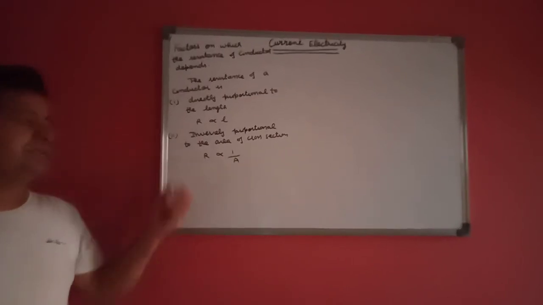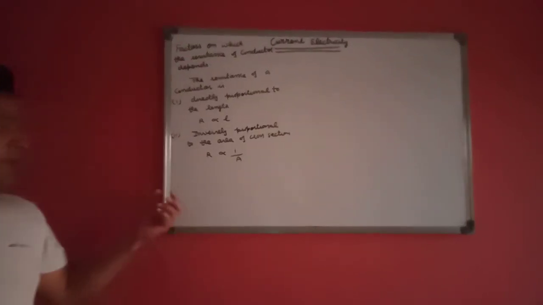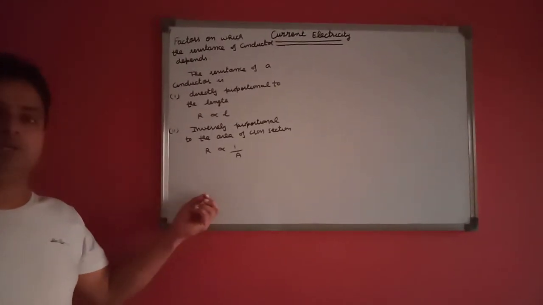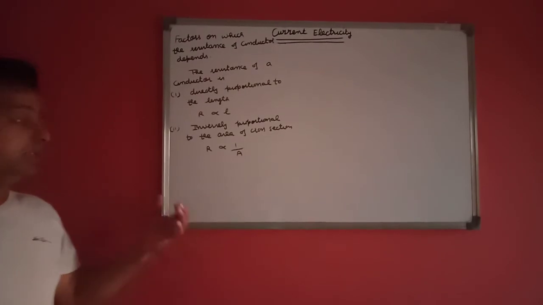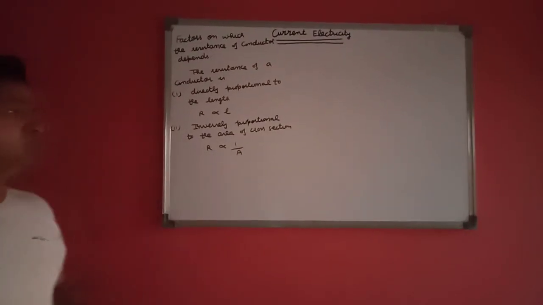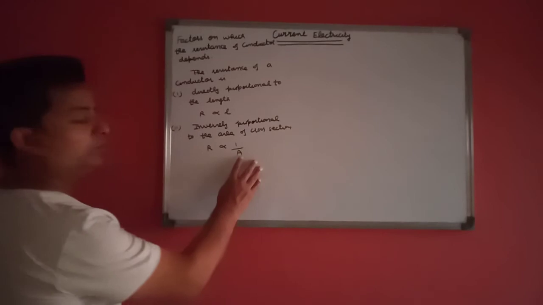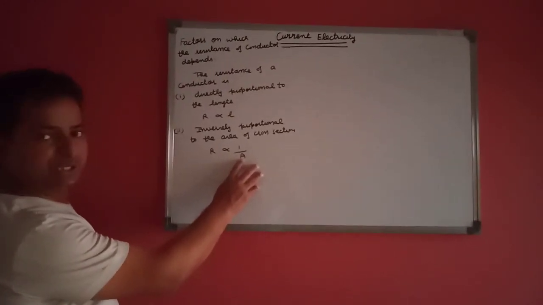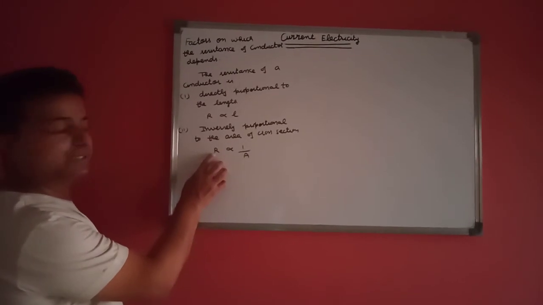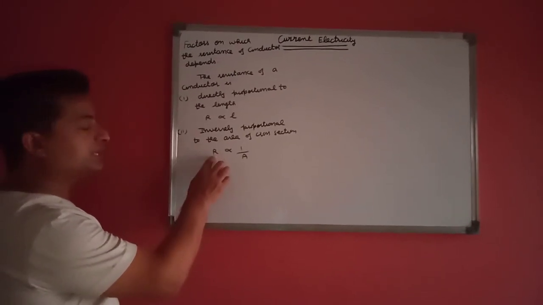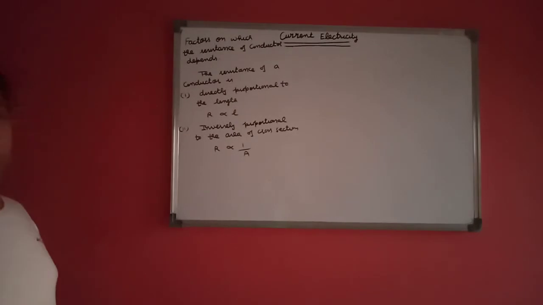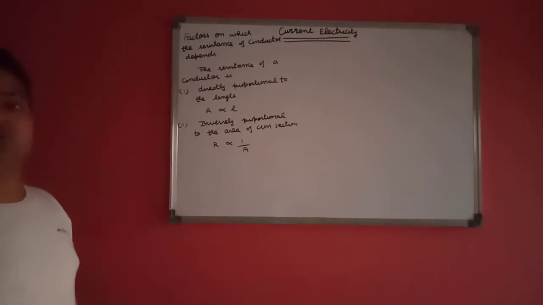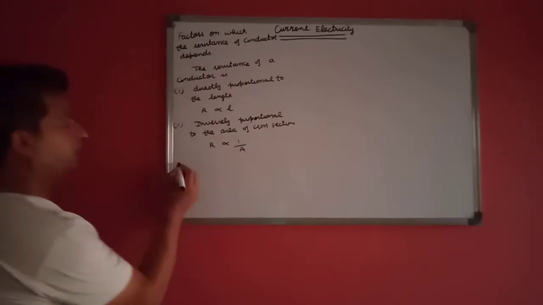Question: does current flow easily through a thick or a thin wire? Answer: current always flows easily through a thick wire, because a thick wire has large area and its resistance is less. If its resistance is less, then a large amount of current flows through it, because resistance is the opposition to the flow of current.